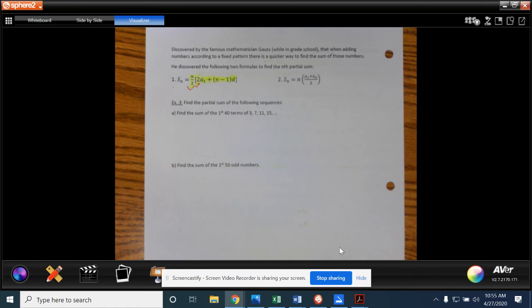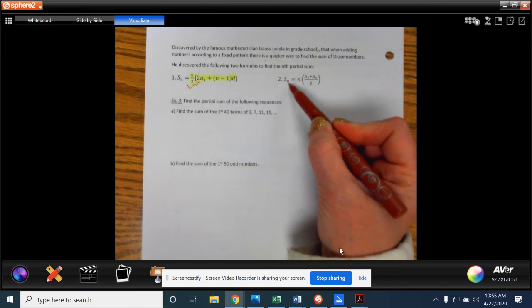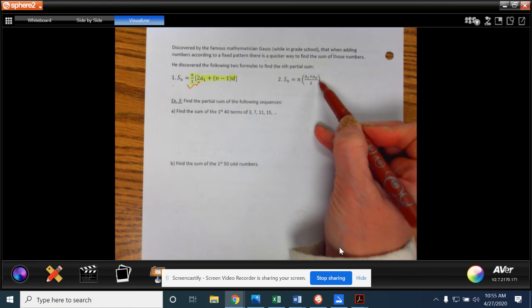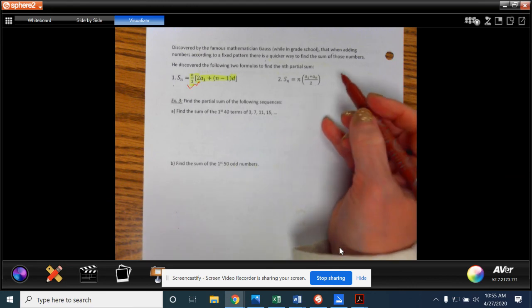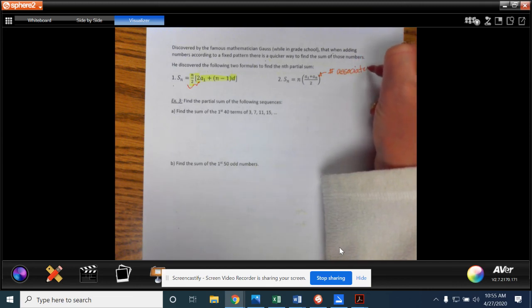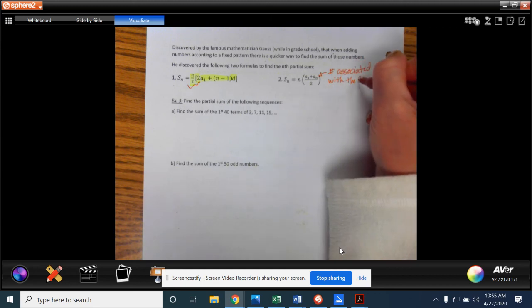Now the other one is the sum of however many numbers equals n times the first number plus the last number in the sequence, divided by 2. In other words, this is the number associated with the final position.